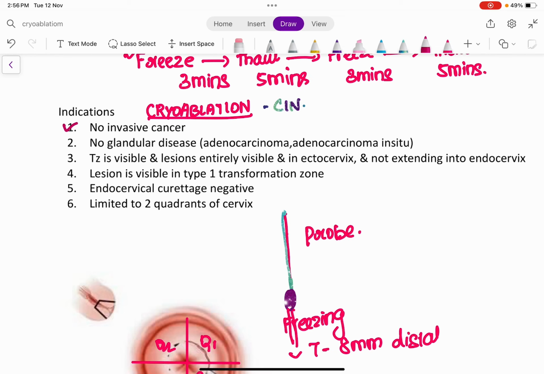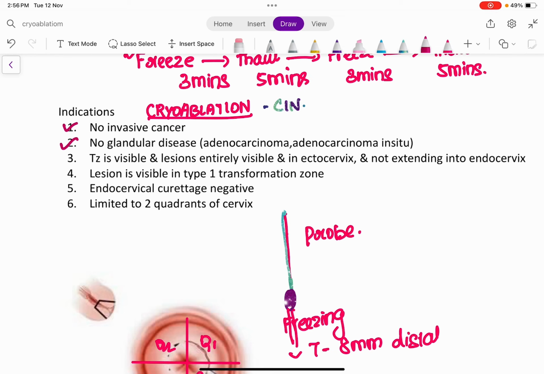Glandular means columnar type of epithelium, which is present in the endocervix. And what are the conditions affecting the endocervix? Adenocarcinoma in situ. So no glandular disease should be present, and the transformation zone should be visible, and if any lesion is present, it should be in the ectocervix. The lesion should not extend inside the endocervix, right?